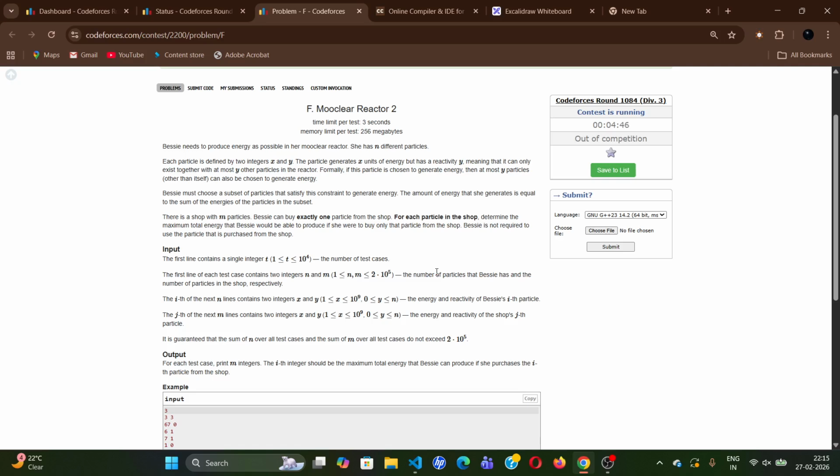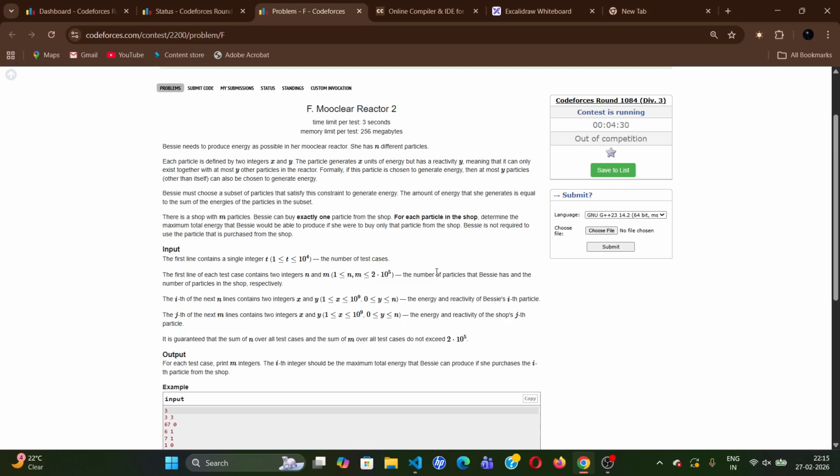Okay, we have to take from 0 to I, as possible probabilities. The minimum will be less than that.